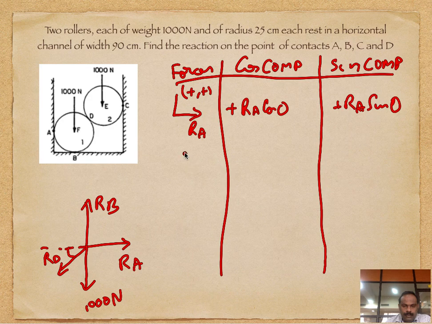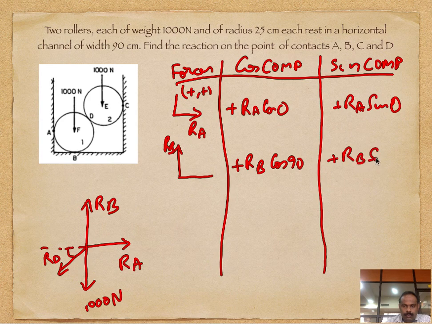We'll take the next one, RB. That is at 90 degree. So again plus RB cos 90, RB sine 90.